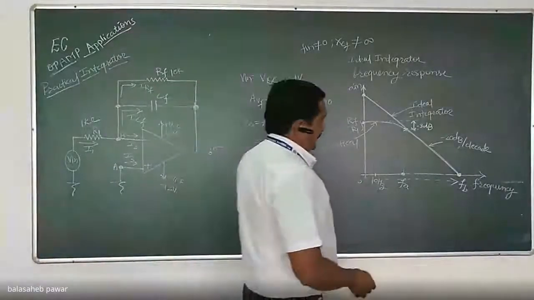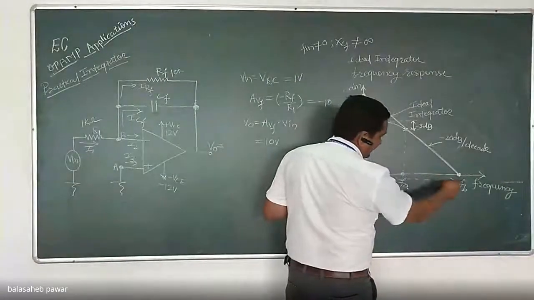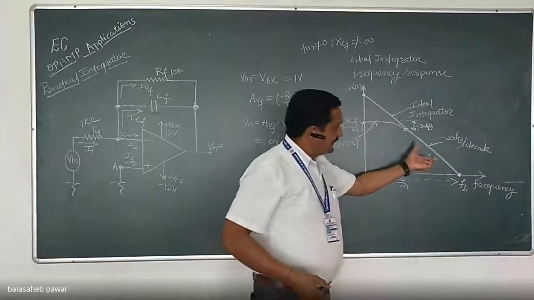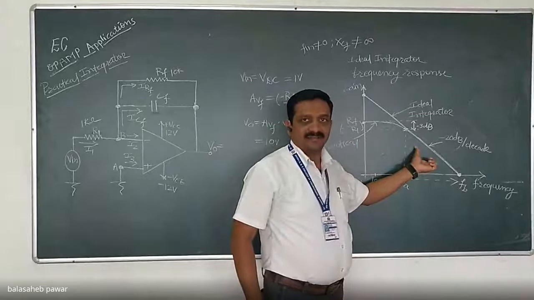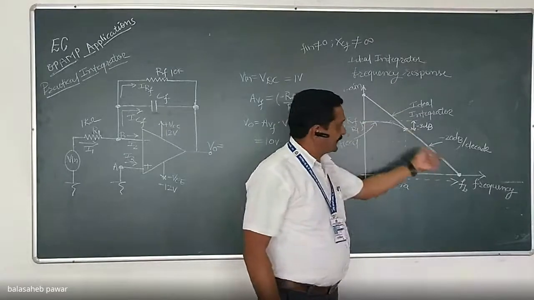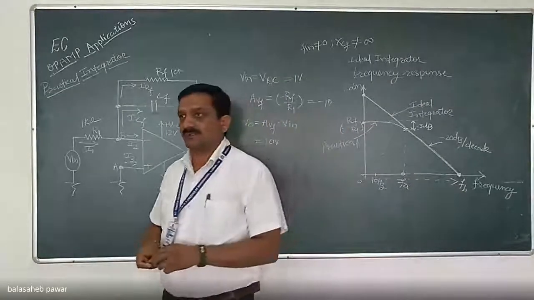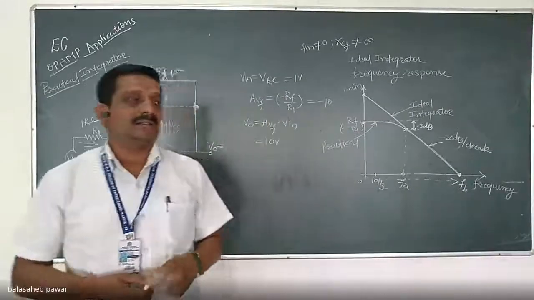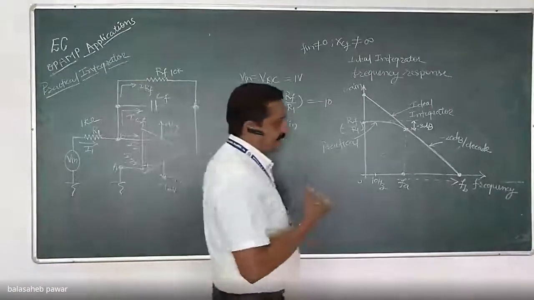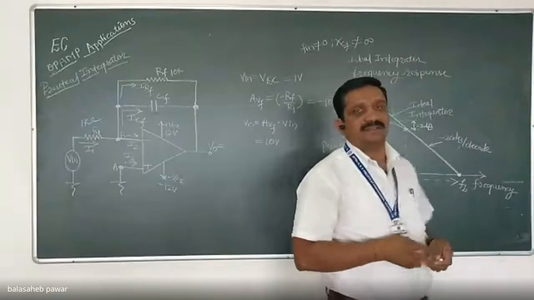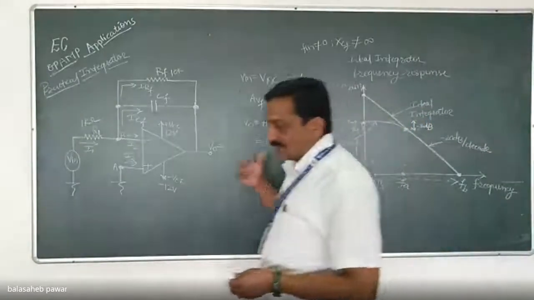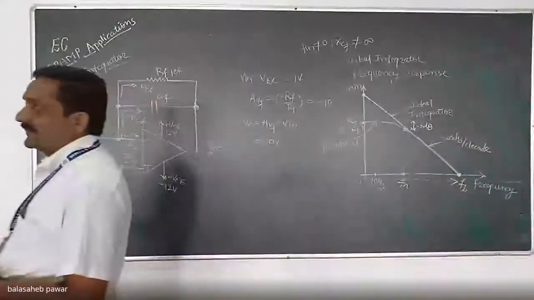So between FA and FB, the circuit is actually working as an integrator. Remember, this is the complete frequency response for the shown circuit, which we call an integrator, but between 0 and FA it works simply as an inverting amplifier, and from FA to FB it works as an integrator.